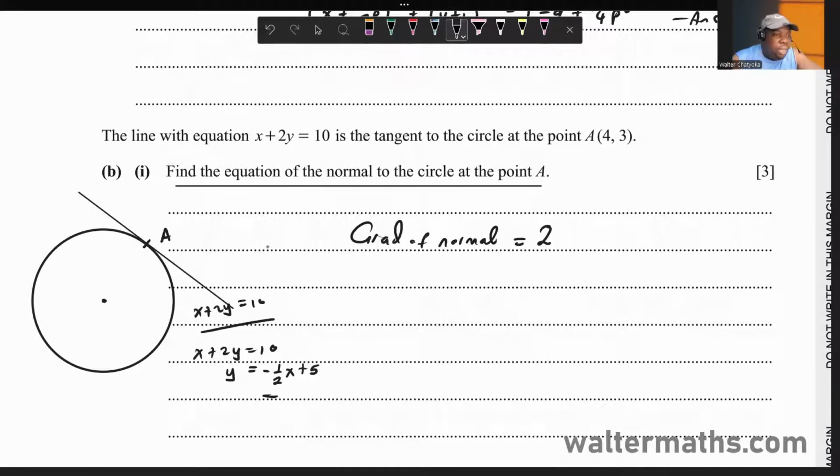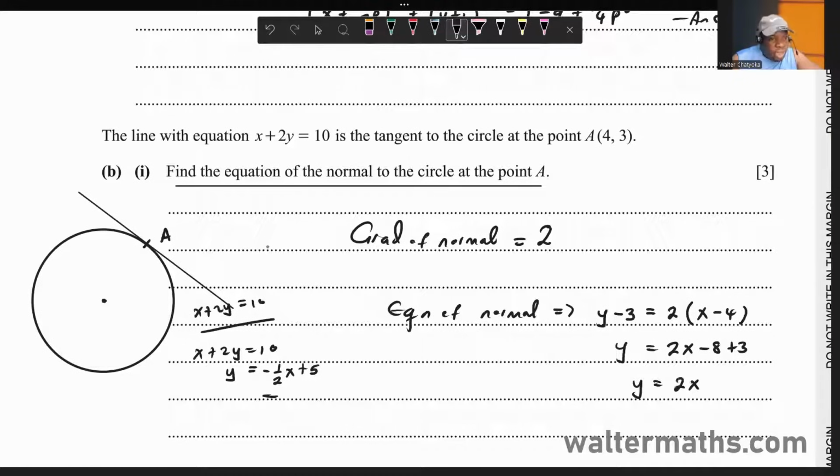So that's the gradient of the normal. For the equation of the normal, y − 3 = 2(x − 4), which is y = 2x − 8 + 3. So y = 2x − 5. That's the answer to b(i).